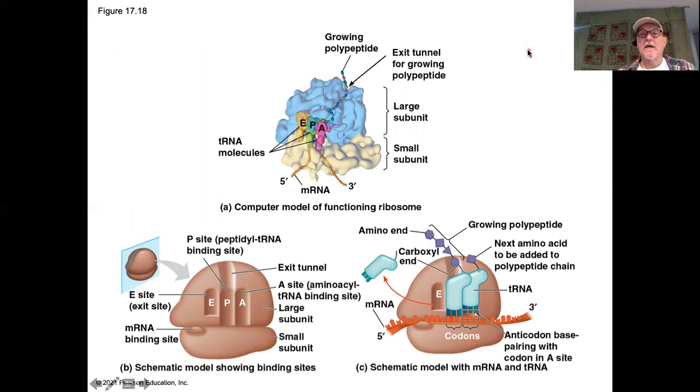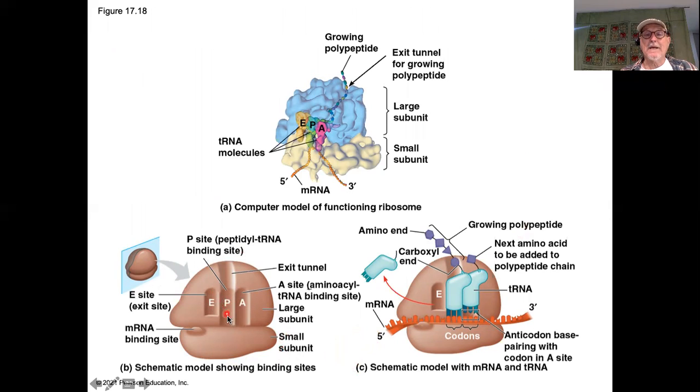So, have a look here, and just to remind you about the structure of the ribosome. We have a small subunit there, and then we have a large subunit here. The large subunit has these three sites: the A site, the P site, and an E site.